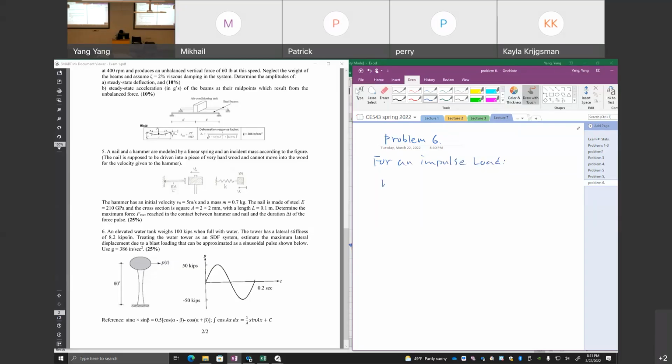If you look at your notes from the week before the exam, for any arbitrary force, the response of the system should be equal to the integration from 0 to t.